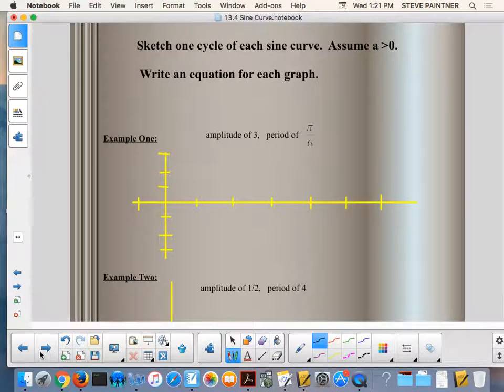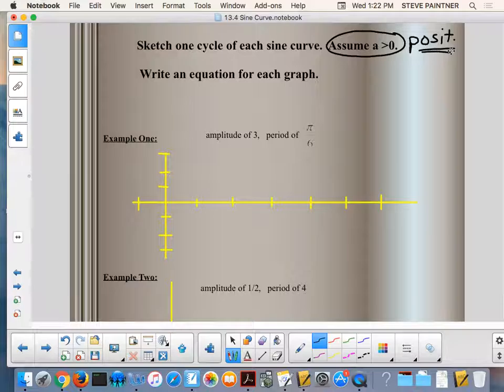It says, sketch 1 cycle of each sine curve. Assume A is greater than 0, but what does that even mean? It's not 0. It's positive. If A is positive, what is that even telling you? Start at 0, 0. Go to the max. What they're trying to say to you is this.